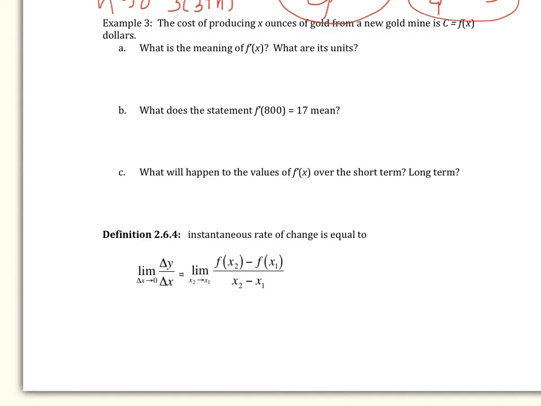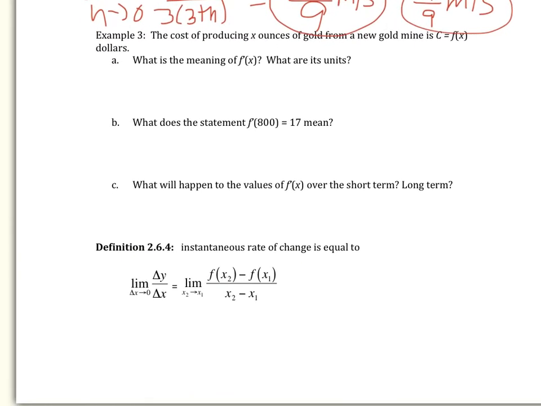And in this case, it happens to be the rate of change at which the cost is changing per ounce of gold produced. Our units for this would simply be dollars per ounce. Remember, anytime we have an f prime, we're dealing with a rate. So it better be a ratio for our unit.